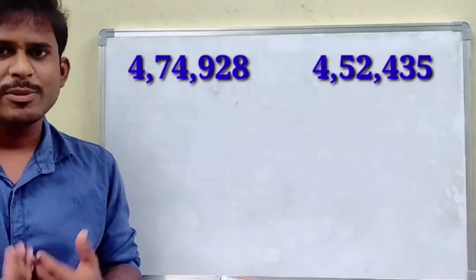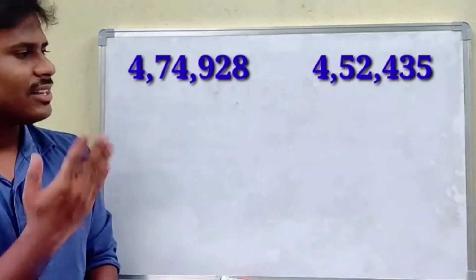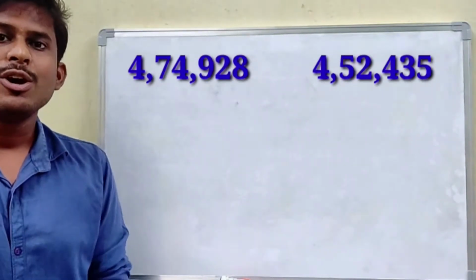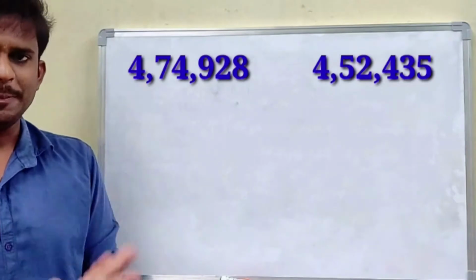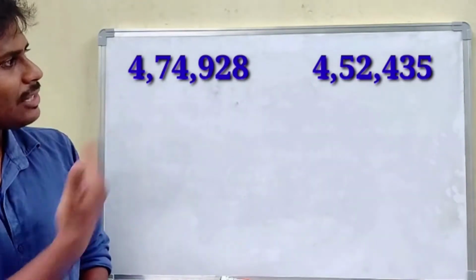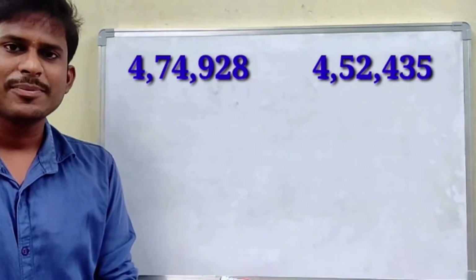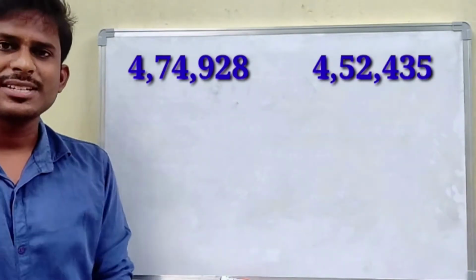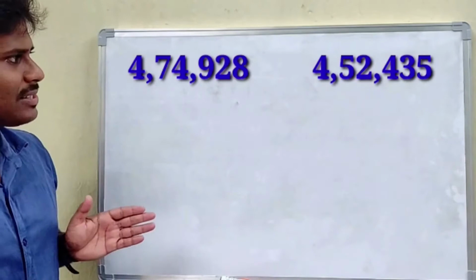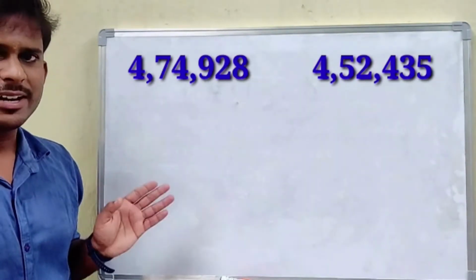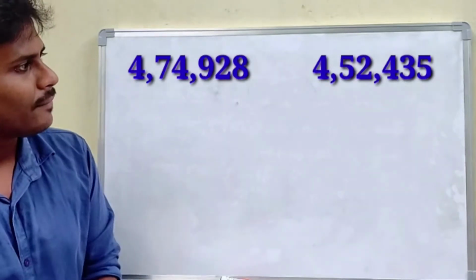So you have to remember, this is rule 3. When in the highest place both the digits are the same, you have to go to the next place, the 10,000s place. Look once at the 10,000s place. Now is this side number greater or that side number greater? Here we have digit 7, there you have digit 5.